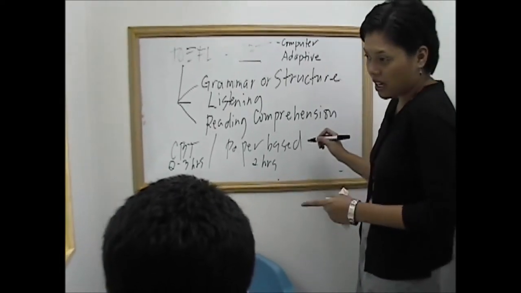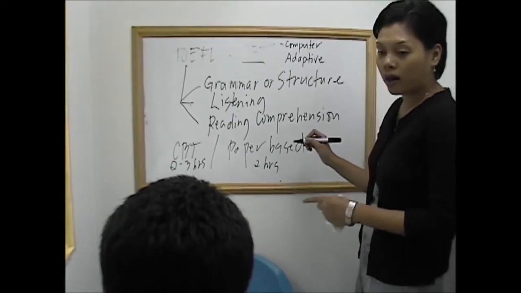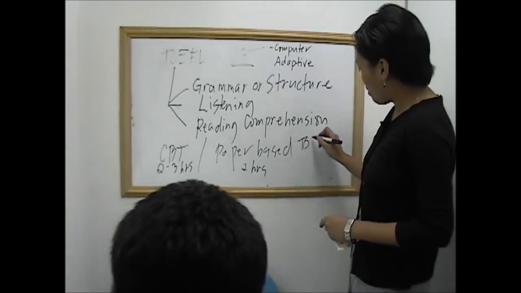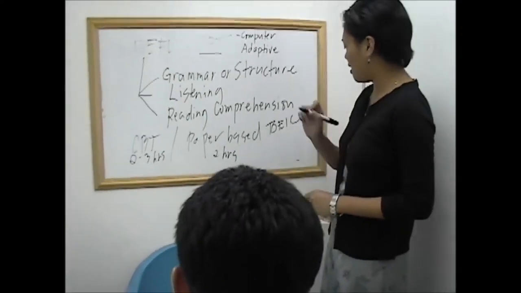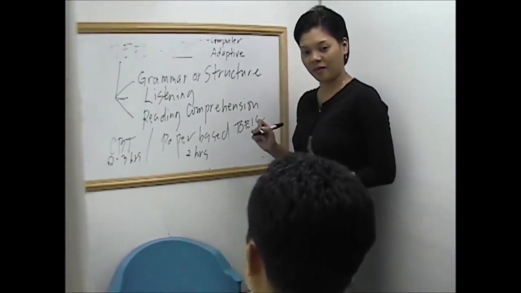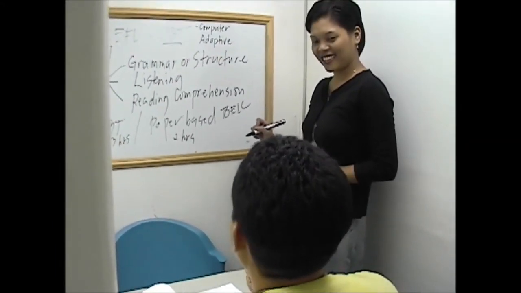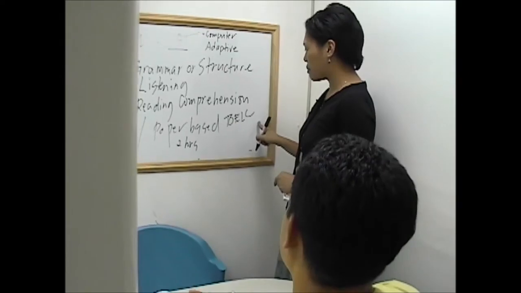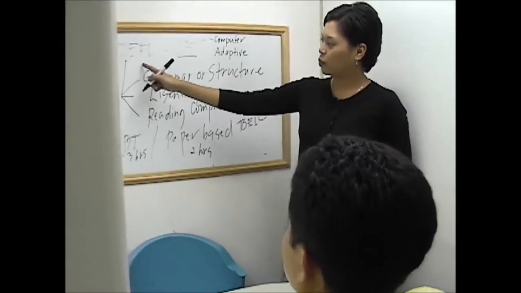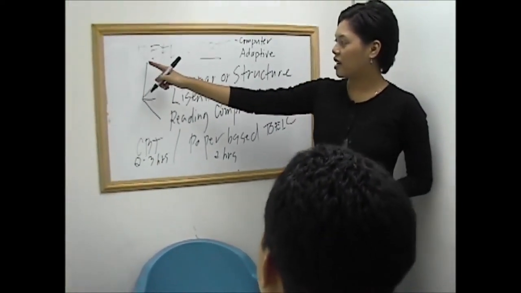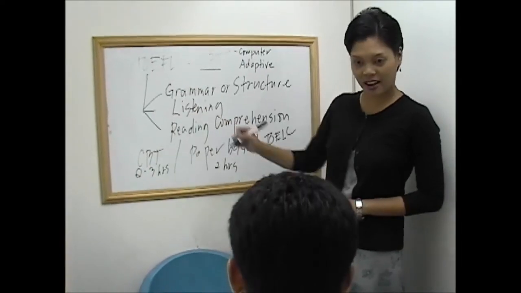Normally, it's more required in Asian countries: the TOEIC. You know what TOEIC means? Test of English for International Communication. Like TOEFL, test of English as a foreign language, right?